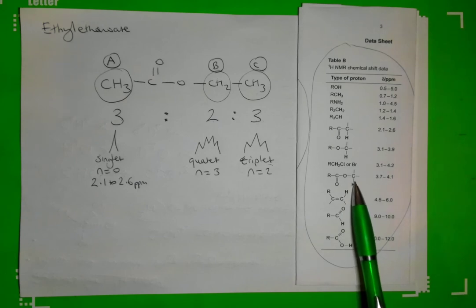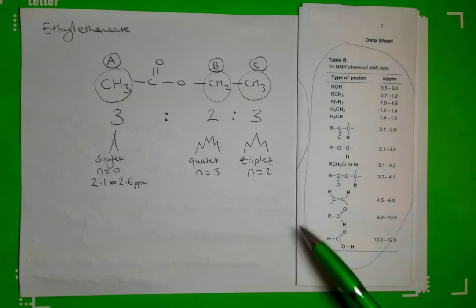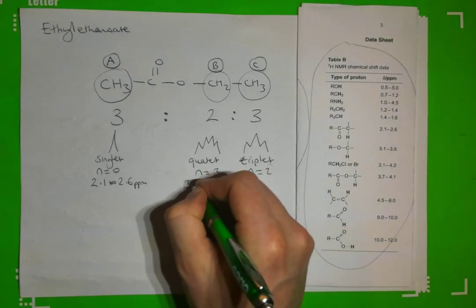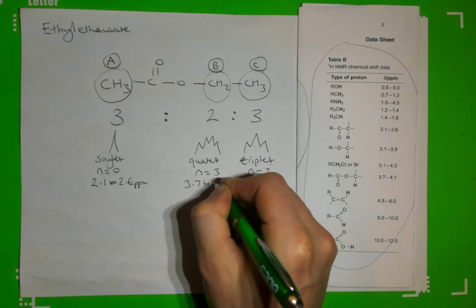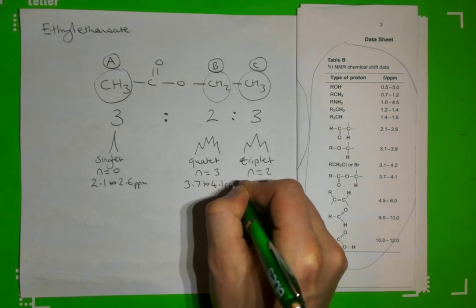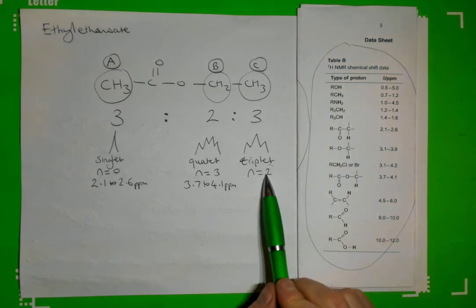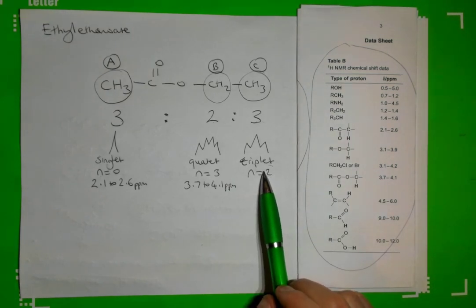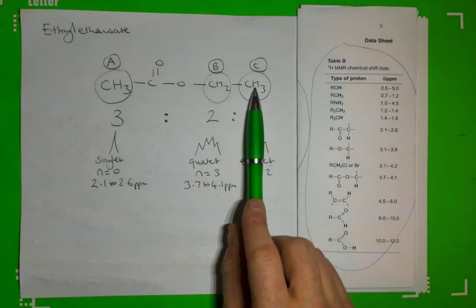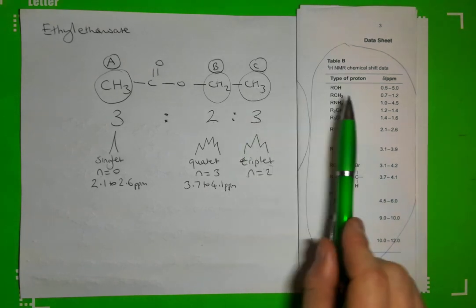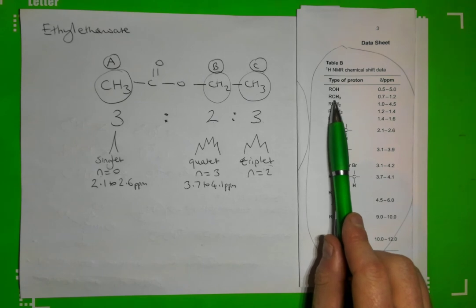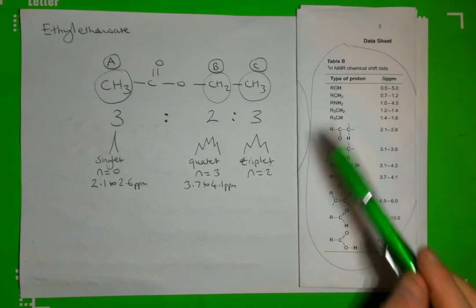So this one is somewhere between 3.7 to 4.1. And the last one here, our triplet, this is just a regular CH3. So it's this one, 0.7 to 1.2.